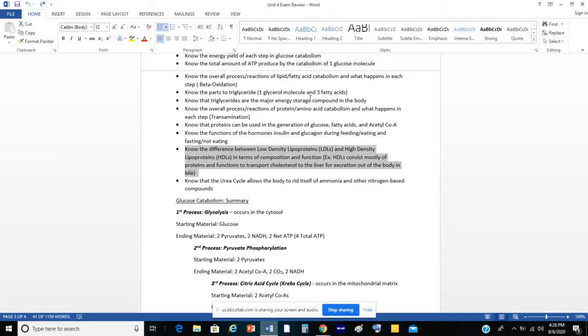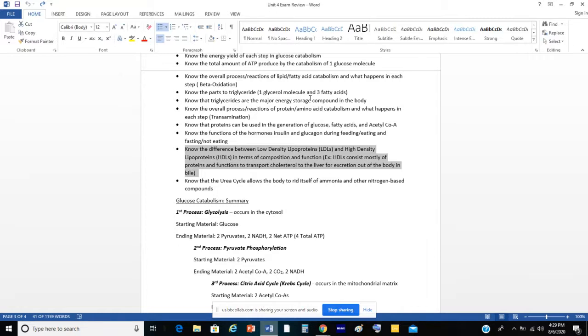But there are differences in their chemical composition. If you have very little protein and a lot of fat, you're a low density lipoprotein. While an HDL is a high density lipoprotein, meaning they have a high density of proteins and very little fat.